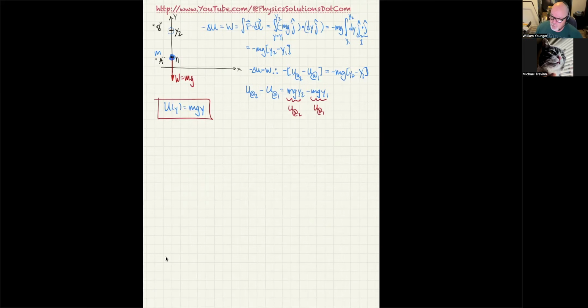So the prescription is if you want to find the scalar potential for a vector field that you've determined to be conservative or that you assume is conservative, then you just calculate the work done again by that force in moving it from one point to another, and you set that equal to the negative of the change in potential energy, and that should allow you to figure out what the potential energy function is.